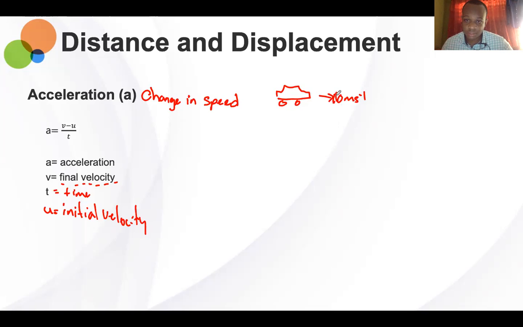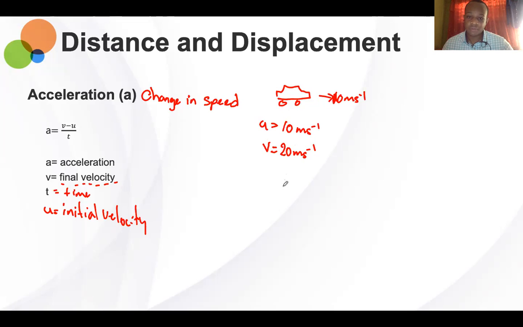It increases: the person in the car begins to press on the gas, and it increases to 20 meters per second. So our initial velocity would be what? 10 meters per second. So u is equal to 10. And final velocity would be what? 20 meters per second.